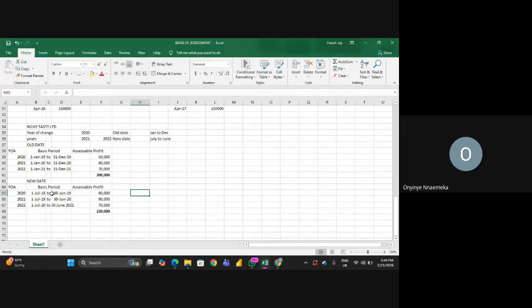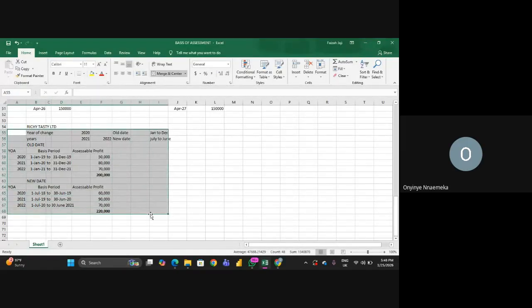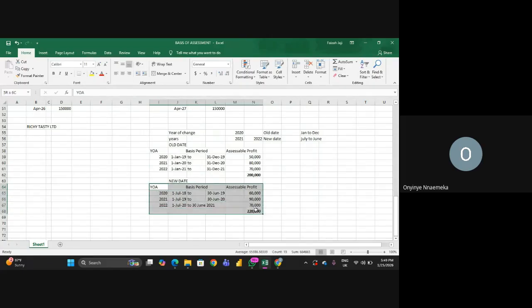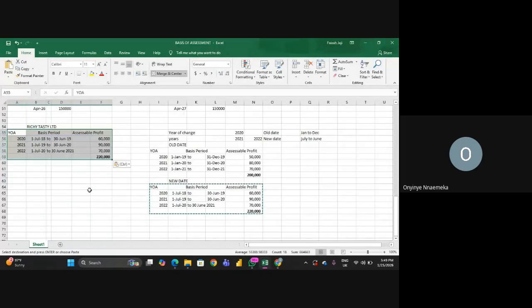But you should note something. All of these ones that we have been writing since, they are workings. So let's shift them here. They are workings. So now the one that we choose, which is the new date, is what you come and write as your answer in this place.